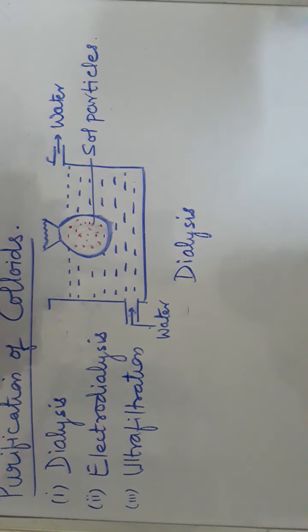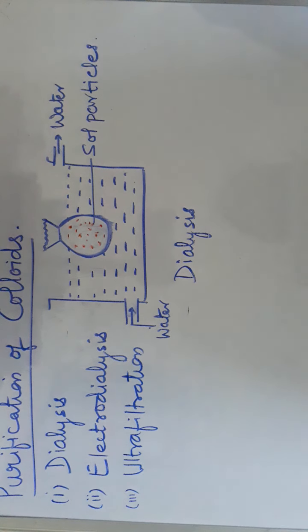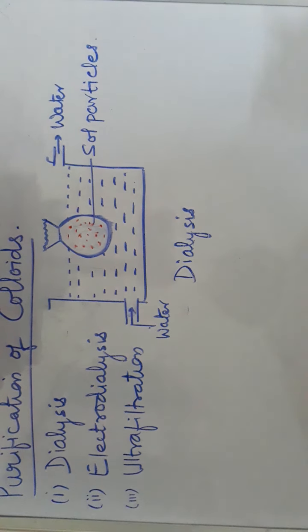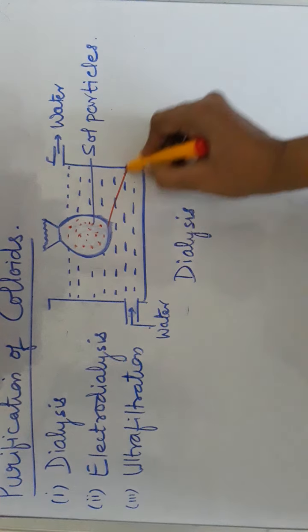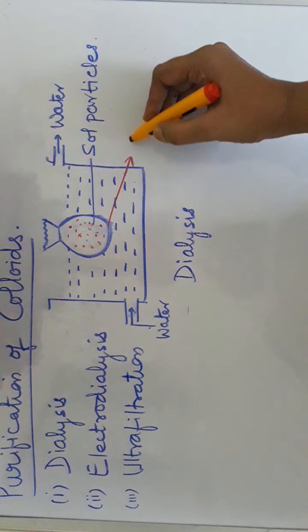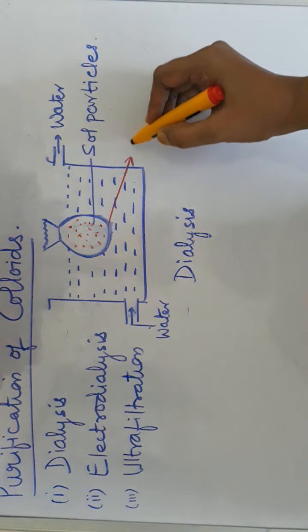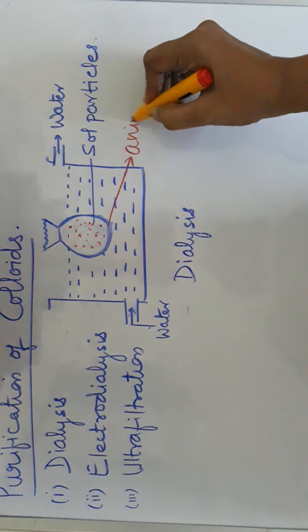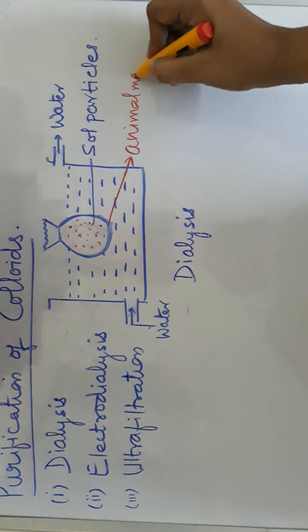Dialysis is the simplest method which we use for removing the electrolyte impurities present in a colloid. It can be defined as the process of removing the dissolved substances from a colloid by means of diffusion through a suitable membrane. The suitable membrane used is the parchment membrane or the animal membrane, which is selectively permeable.